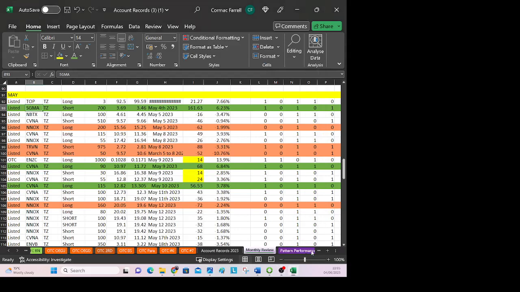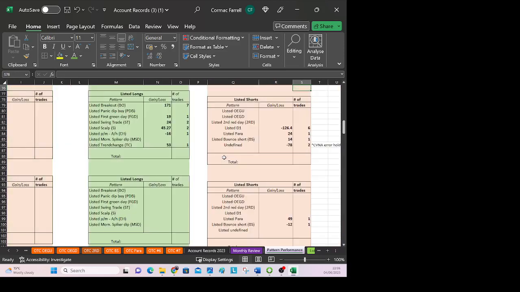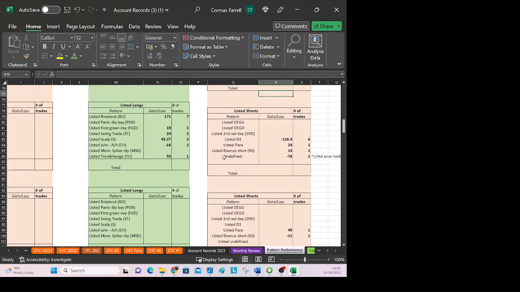Quick look at pattern performance actually. These are my patterns. OTCs have been very quiet, so if it's been listed, I've been focusing on that. So listed day ones overall in May, I took 6 listed day ones, and I'm down. These were undefined trades where I wasn't following my process.